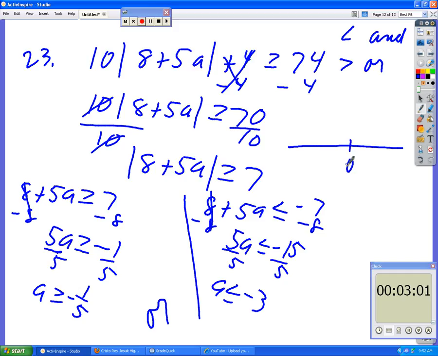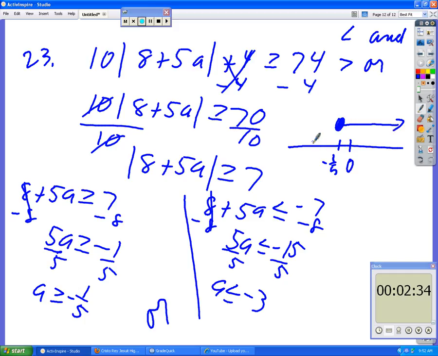Alright, how do I graph a is greater than or equal to negative 1/5? Well, negative 1/5 is to the left, right? And it's nice and close. So it's there. There's a circle. Is the circle filled in? Yes. And which way does the line go? To the right. This one, where's my boundary?